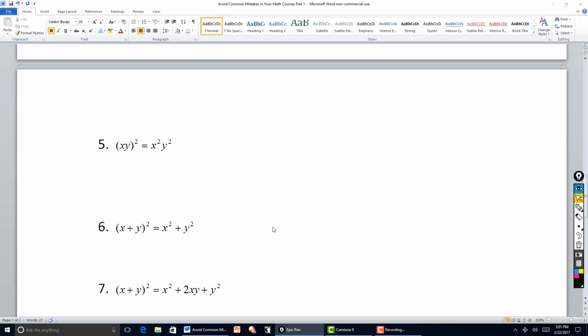Okay, and number 7, x plus y quantity squared again, and of course this is the correct answer. It's supposed to be x squared plus 2xy plus y squared.